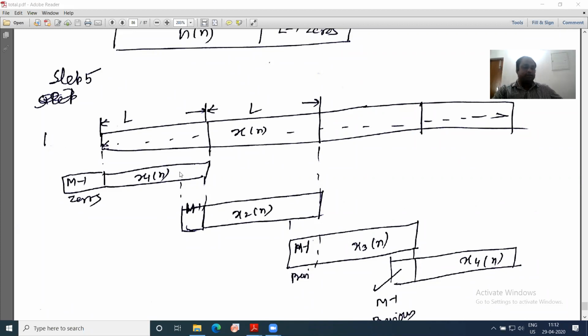Now for x1(n), before that there is no data. That's why we have to add m-1 number of zeros in this. Agreed?